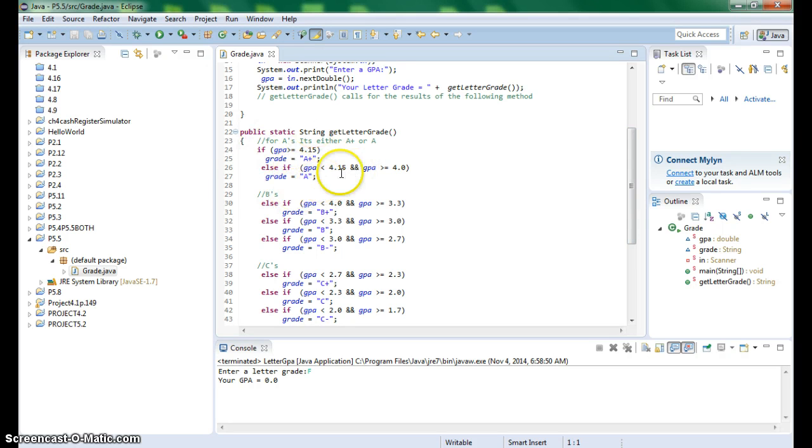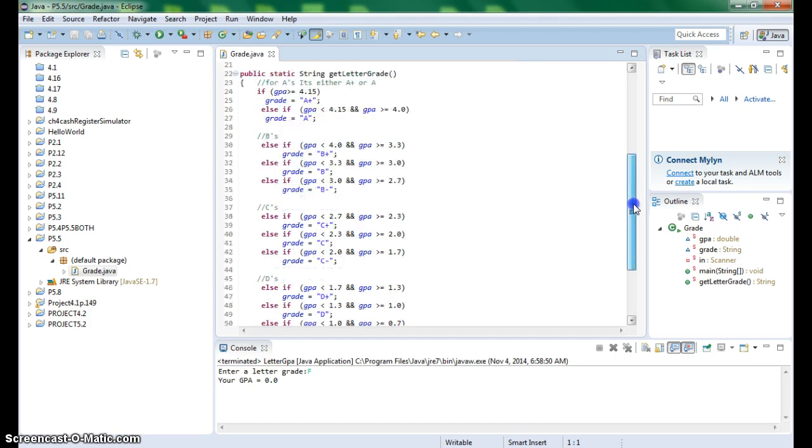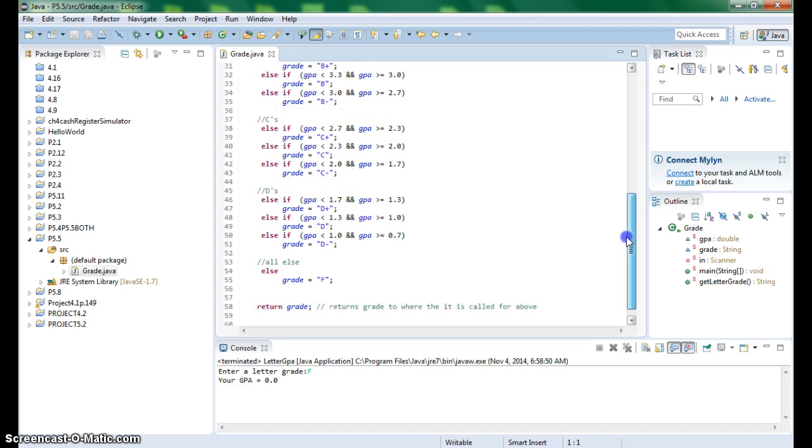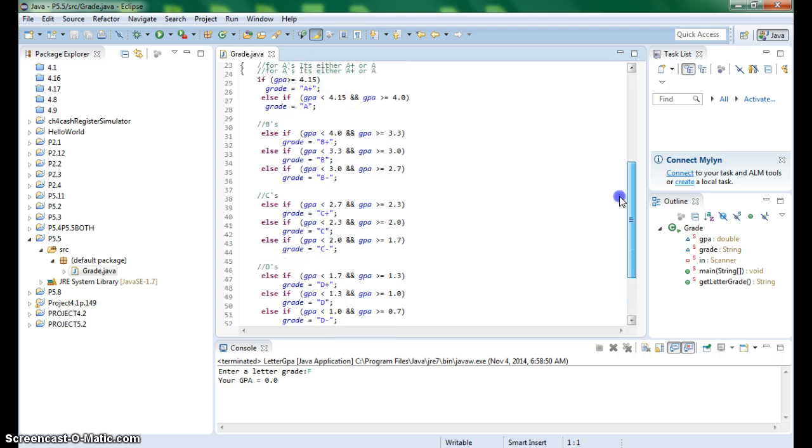I didn't do an A minus on here. If it was over 4.15, you got an A plus. If it's equal to or over 4, that's an A. And then I broke it down further from there. On the B's, C's, and D's, it broke it up to plus, regular, and then minus. And anything else is F.